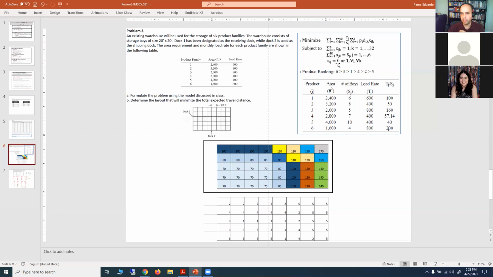Decision variables are x_ij equals 0 or 1. So this is the formulation for the problem. If you input this formulation and this data into Excel or into CPLEX or AMPL, you should be able to solve this problem using the branch and bound algorithm, for example.